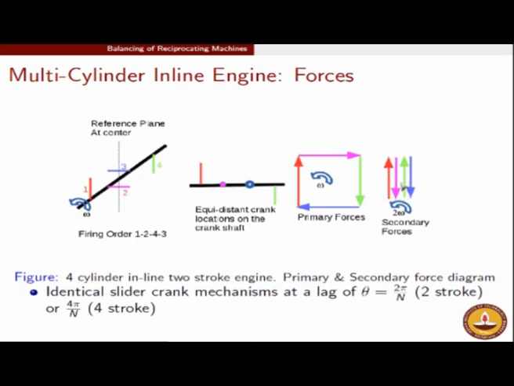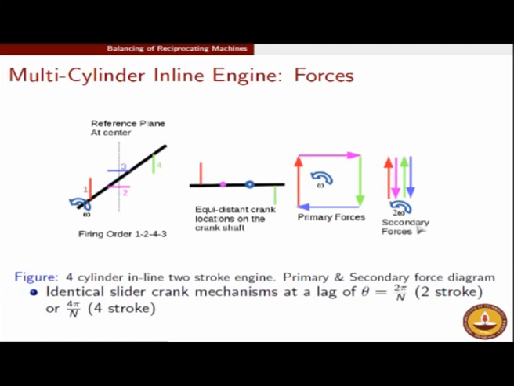Again, since all of these forces are equal in magnitude, you see the red is getting cancelled by the magenta, the green is getting cancelled by the blue, and therefore the secondary force is also getting cancelled. So here we have brought out a situation where naturally you do not have to invoke Lanchester balancing.